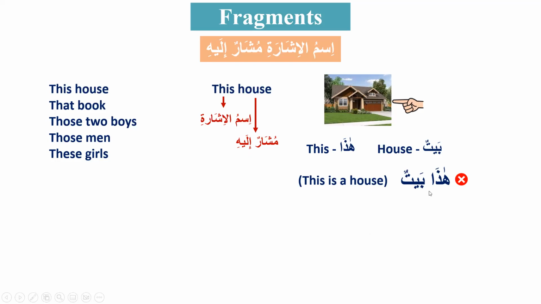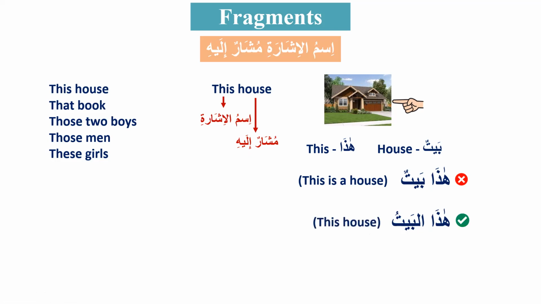And the change is, we have to add an al with baytun. So if I do this, it will be hazal baytu. And now it means this house. And now this is correct.